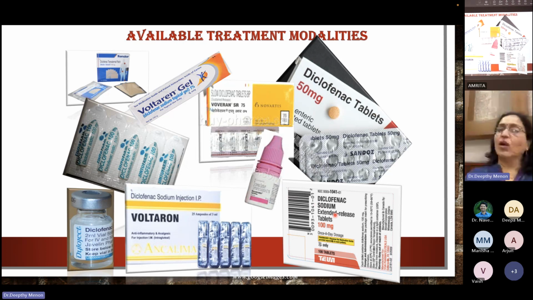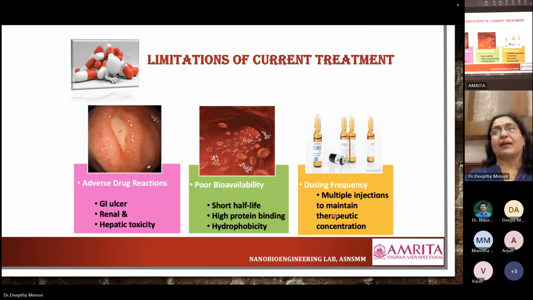Very good. All good so far. But what is the problem? You see this? This is an ulcer. So if you take aceclofenac or diclofenac on a regular basis, you will develop gastrointestinal ulcer and it can lead to renal and hepatic toxicity.